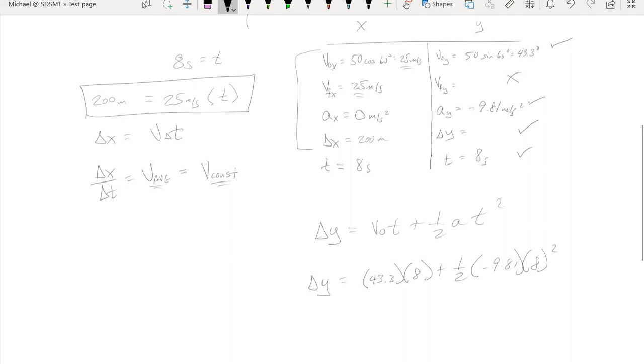.3 times 8 is 346.4. Then we have half of gravity times 8 squared.